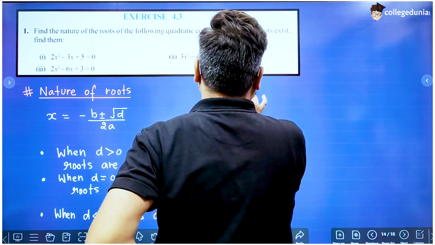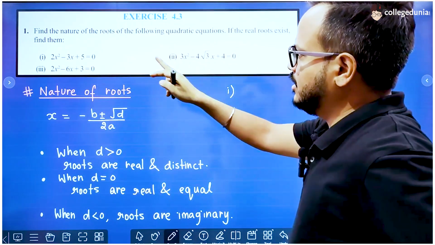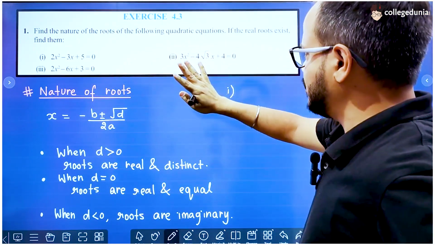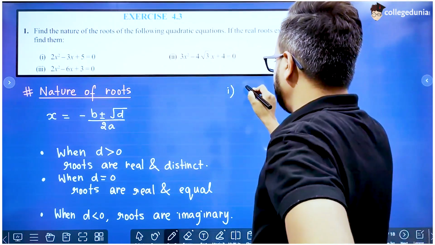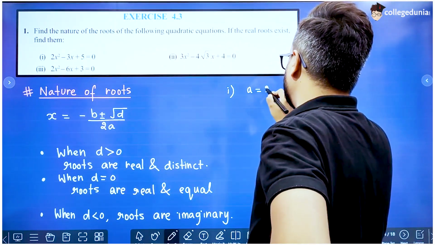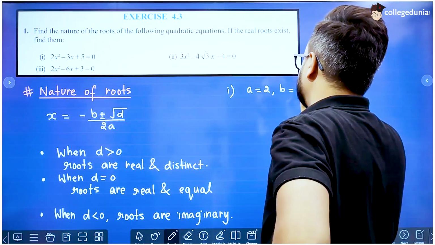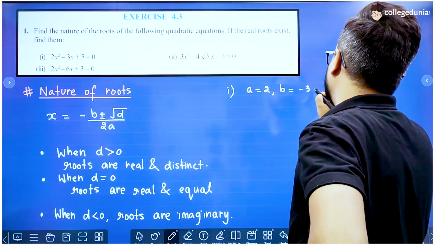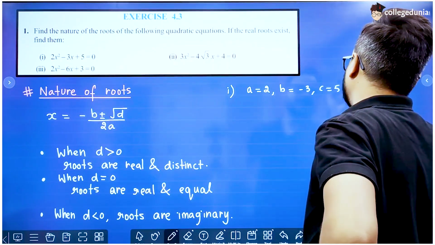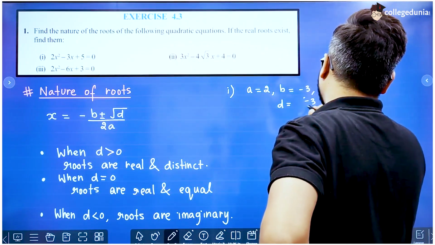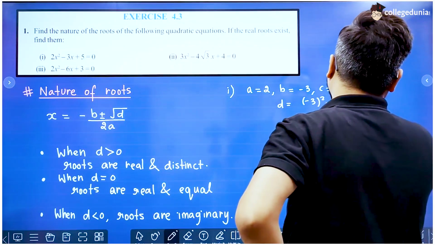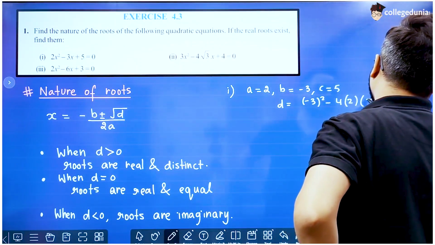In the first question, it is asked to find the nature of roots of the following quadratic equations, and if the roots are real, find them. So let's take the first quadratic equation. a is 2, b is minus 3, and c is 5. Discriminant is b square minus 4ac.